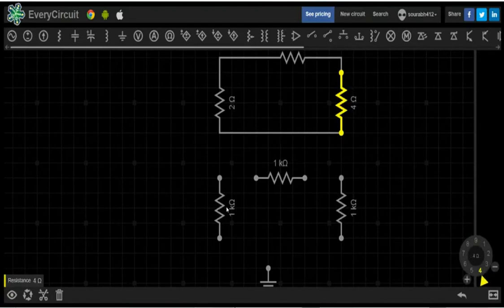Now this is 4 ohm. This is 1 ohm. This is also 1 ohm. This is also 1 ohm. Rotate.